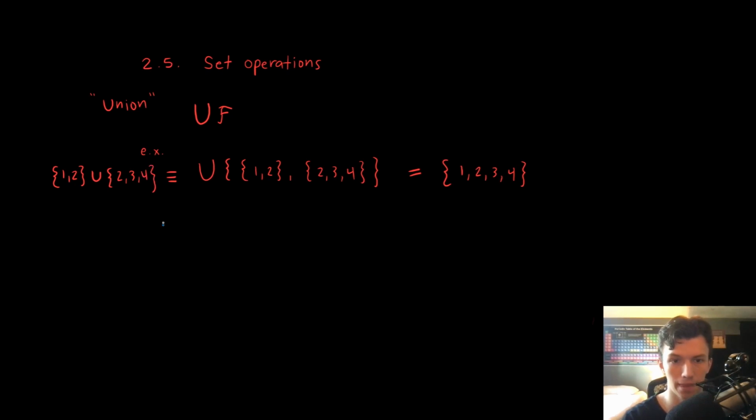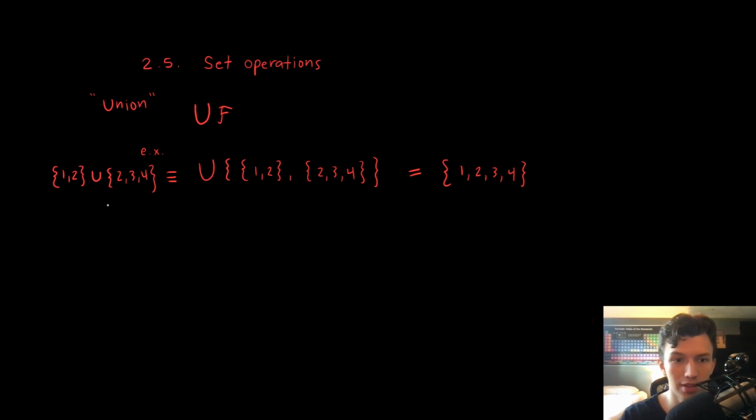Same thing if you had more sets, a larger family: you could just put small cups in between each one and list them that way. This eliminates a couple of the parentheses and a comma, similarly to how we do relations. We just stick it right in the middle.